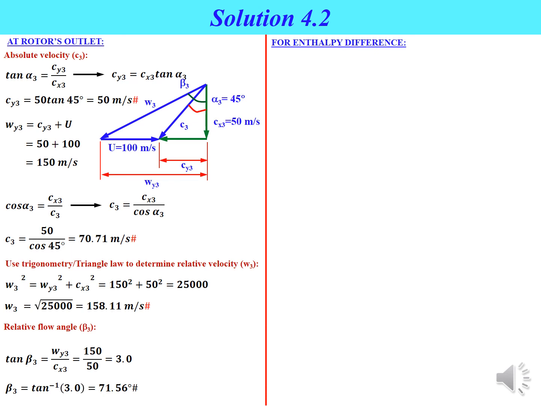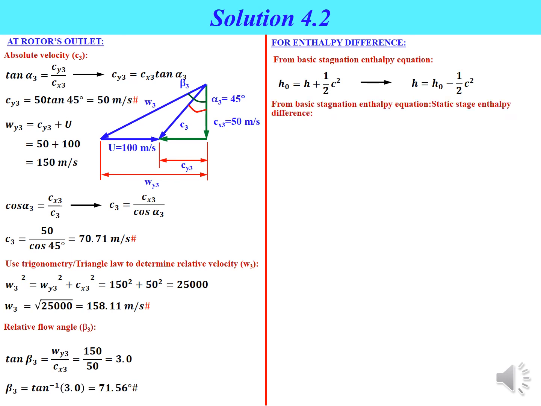Okay, for the enthalpy difference, we know from the basic stagnation enthalpy equation that H naught equals static enthalpy plus half C squared. So rearranging the equation, static enthalpy H equals stagnation enthalpy minus half C squared.